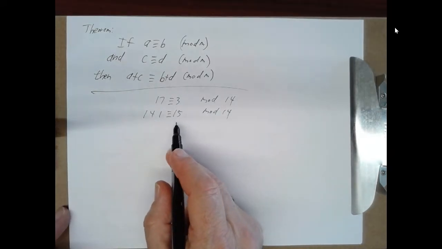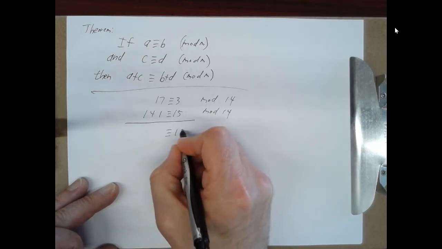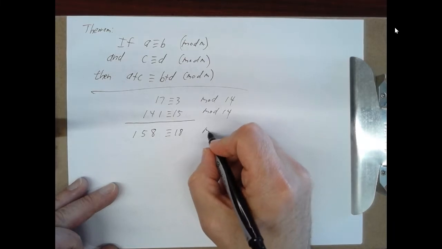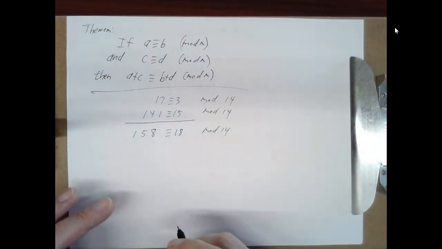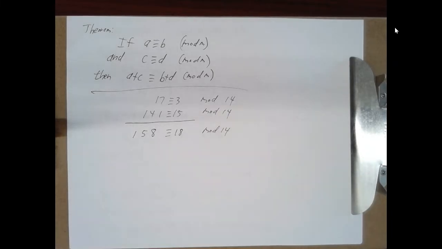This is one more than a multiple of 14. So this theorem is saying that if we add these together, 158 will be congruent to 18 modulo 14. So we have hope of defining some kind of addition within a system of modular equivalences.